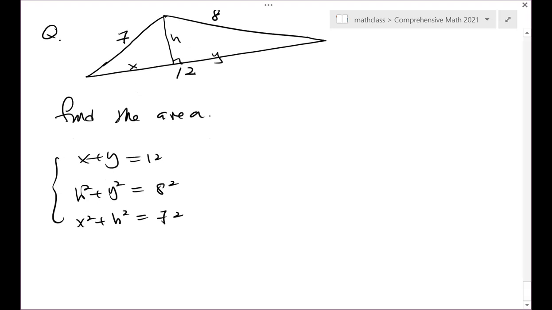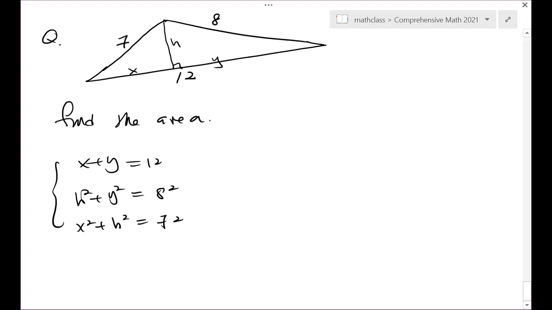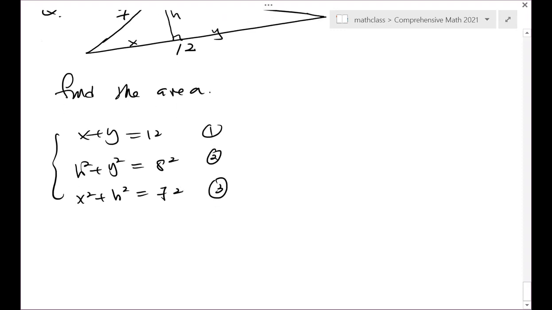There's another formula I want to mention, but let's try to solve this for h, x and y. So how do you solve these 3 equations? Well, use the elimination method. Equation 2 minus equation 3.